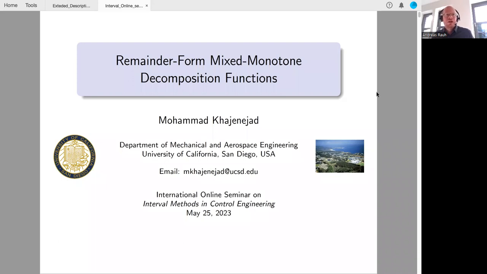He's a well-known expert in the field of robust control, set-theoretic methods, applied also to resilient and private estimation, learning and optimization, and especially concerning applications to control of complex safety-critical networks and cyber-physical systems. Without further ado, I hand over the microphone to you, Mohammad, to give your talk on remainder form mixed monotone decomposition functions.